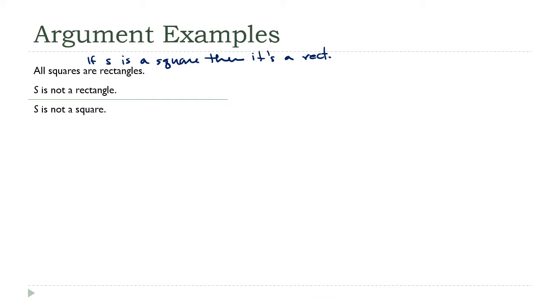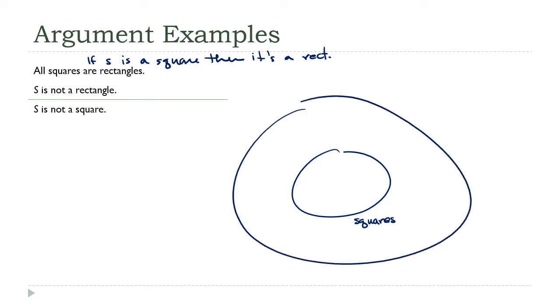All right, so how can we diagram this, and confirm what I just told you before, that this is a valid form? So let's see. First, I need two circles. I need one for squares and one for rectangles. So I'll do a circle to represent all squares, and because all squares are rectangles, that has to go inside the rectangles circle.